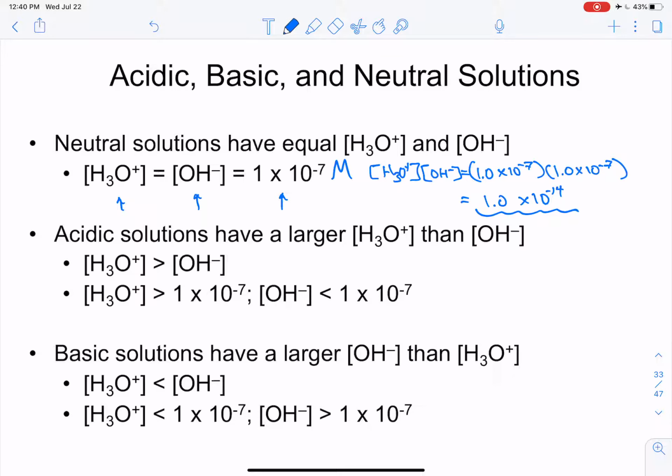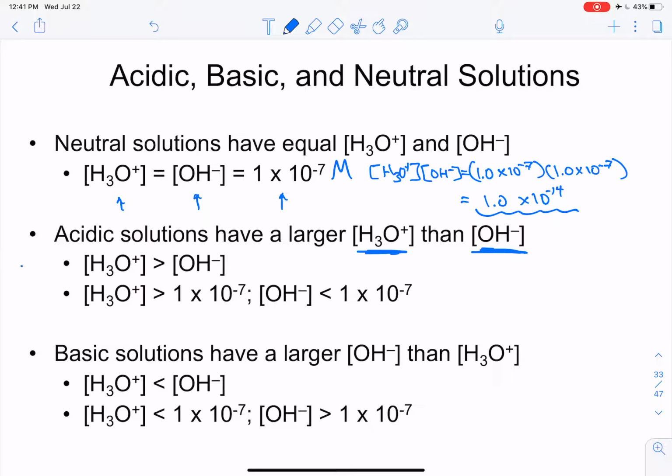Okay. Now, if you have an acidic solution, you're going to have more hydronium than you have hydroxide, because that's been the definition of an acid so far in this class: it's something that's going to be able to give away an H plus, and remember the H plus hops on the water, and that's the form that it stays in. So acidic solutions are going to have a lot of hydronium around and not very much OH minus, because hydroxide is a base, okay?